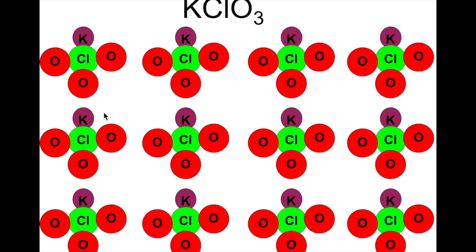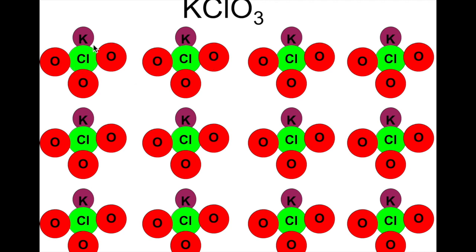But then, if you look at this whole page here, and if you count them out, I have 4 by 3, so I have a total of 12 potassium chlorates. So, how many potassiums would I have? If I have 12 potassium chlorates, I'm going to have a total of 12 potassiums and 12 chlorines.